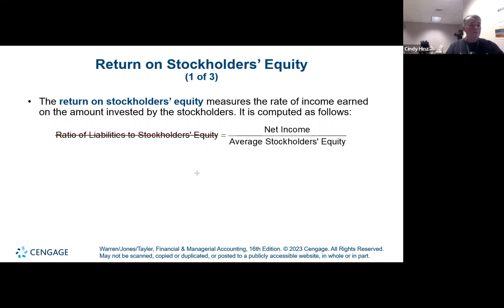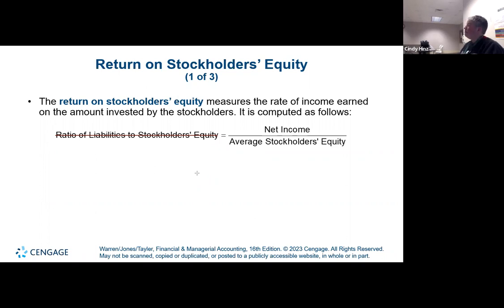And so this calculation is looking at an income statement measure, net income, bottom line on the income statement divided by the average stockholders' equity. How good is the company at using the investments from their shareholders to produce income? Now, one warning or one reminder here, that average stockholders' equity represents the book value of the equity.